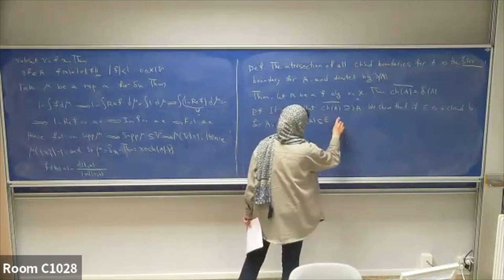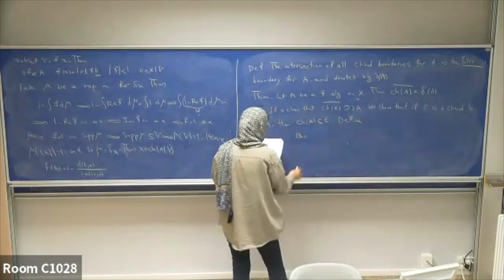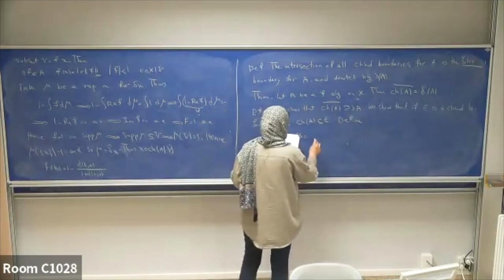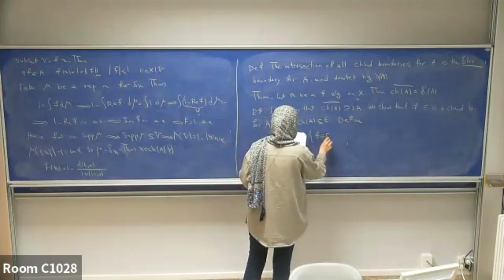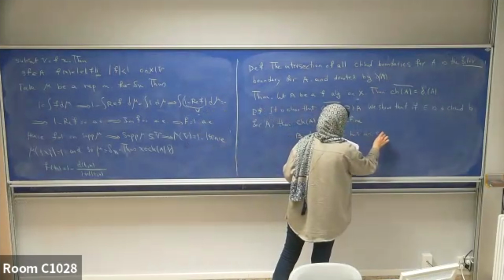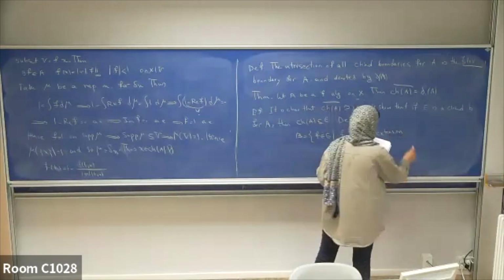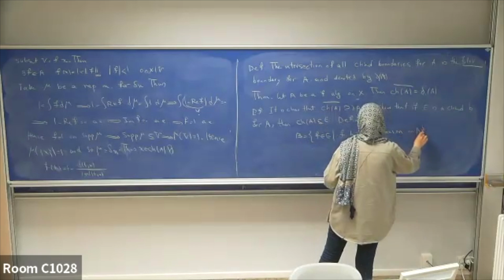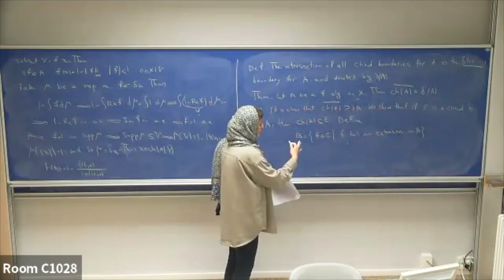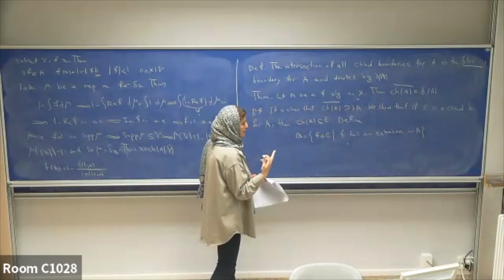For this purpose, define B as the subset of C of E, of functions f on E, such that f has an extension to a function in A. Because E is a boundary, each function has just one unique extension.